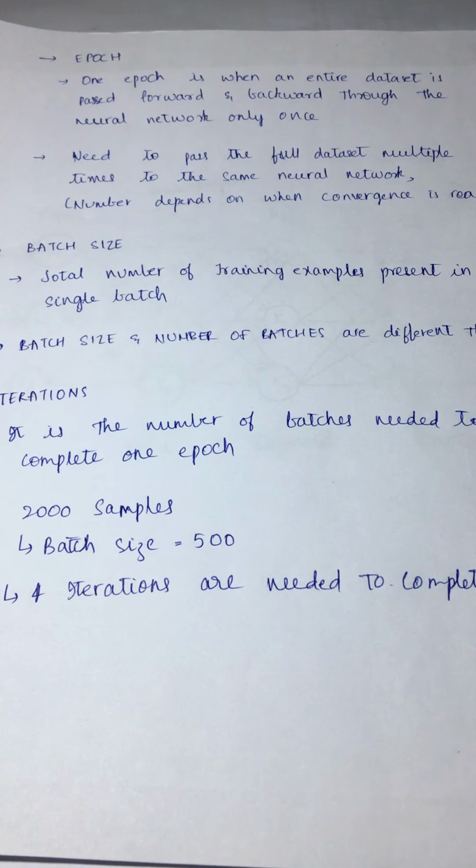You basically need 4 iterations to complete one epoch. So batch size and number of batches are different things. Batch size is the number of training samples present in a single batch. Number of batches you can think of as the number of iterations, how many batches are required to complete one epoch.